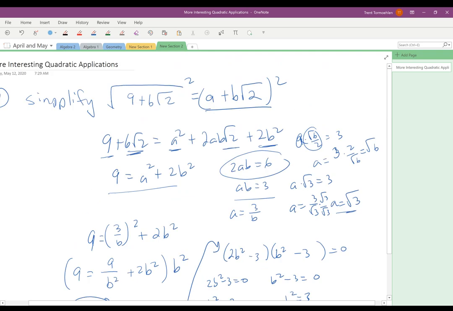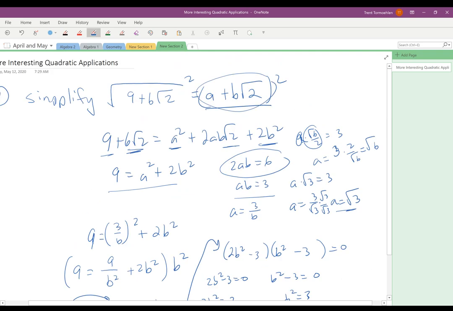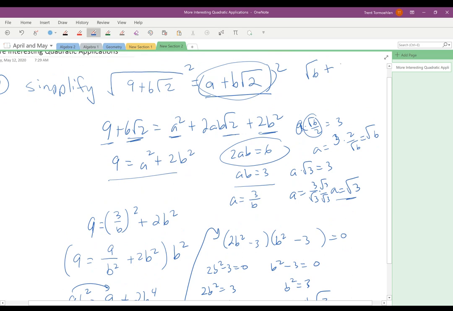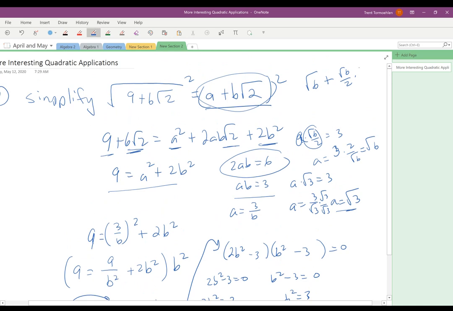Well, for both of those, if we come back up at the beginning, if a equals root 6, then you get root 6 plus, and this one you remember was root 6 over 2, so b is root 6 over 2, times root 2, which turns out to be root 6 plus root 12 over 2, which is 2 root 3 over 2, which gives us root 6 plus root 3.